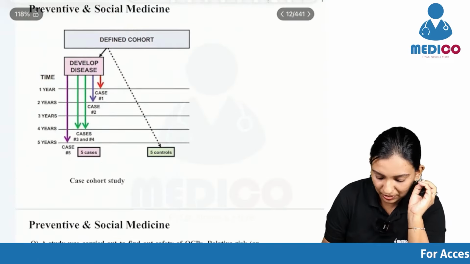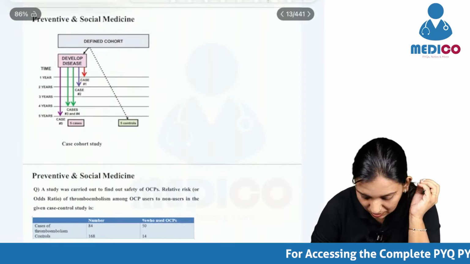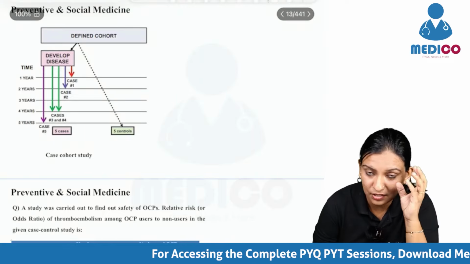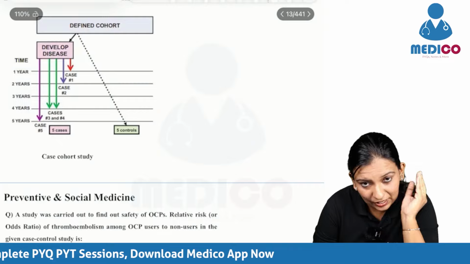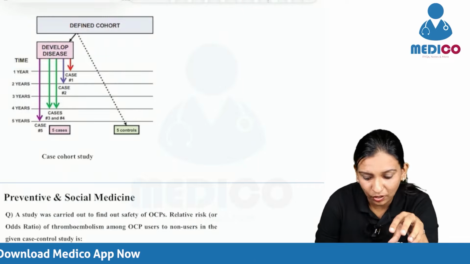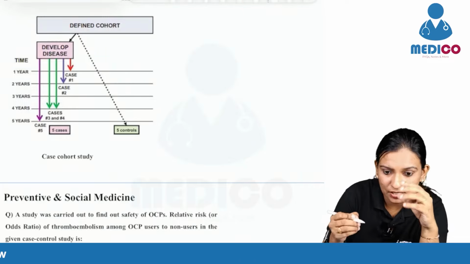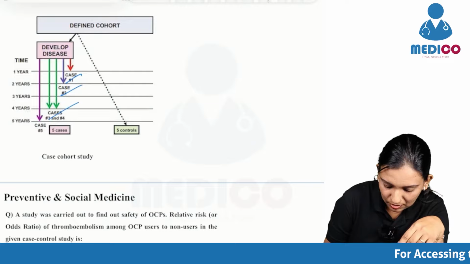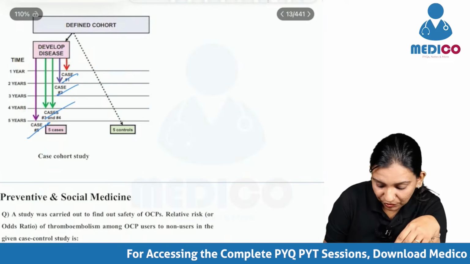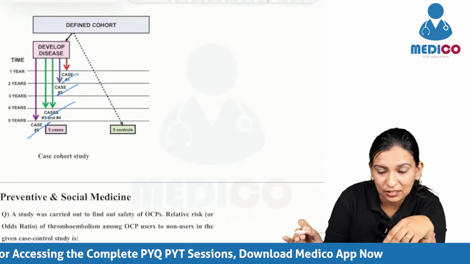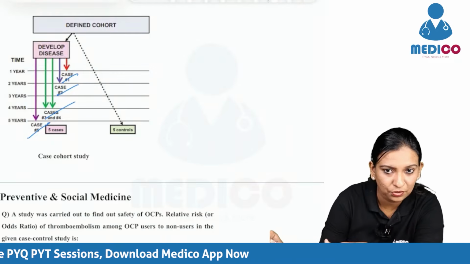So there is something else called a case cohort study. This is also very similar to a nested case control study, but there are a few differences, okay? In a case cohort study, again, this is also embedded within the cohort. So you have a defined cohort and you get some cases, okay? Case 1, case 2, case 3, case 4, case 5. Those who develop the disease, these are the cases. But instead of taking a control group simultaneously, that is when I develop case 1, I'm not taking a control then and there.